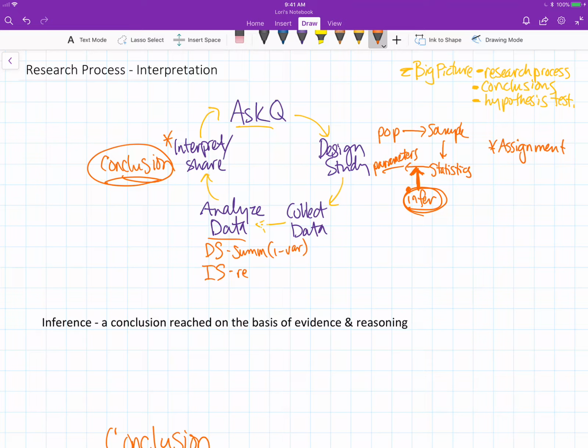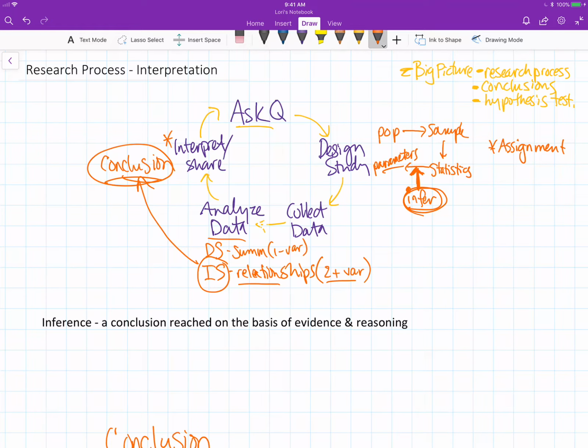Pay close attention to that word, relationship. Because here we are looking at two or more variables. So we want to know if those variables are related to each other. And so these inferential statistics really are what we're coming to these inferential conclusions about.